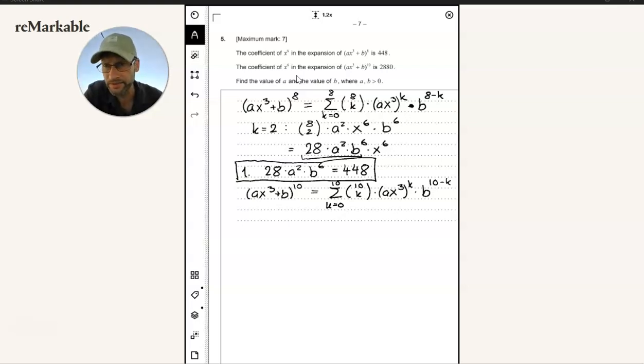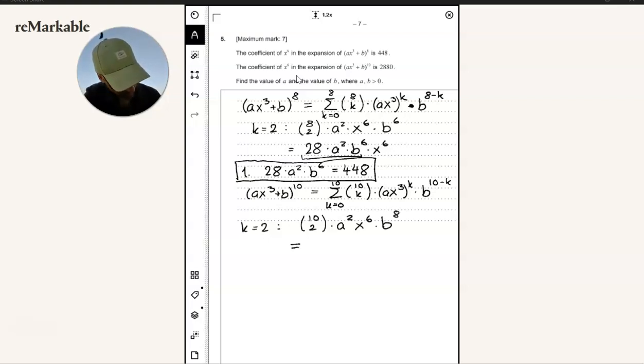And again, I want the term where the power of x is equal to 6. And again, I can see that that requires k to be 2. So I take the k equals 2 term, and then I get 10 choose 2 times a squared x^6 times b to the, now it's 10 minus 2, so that's 8.